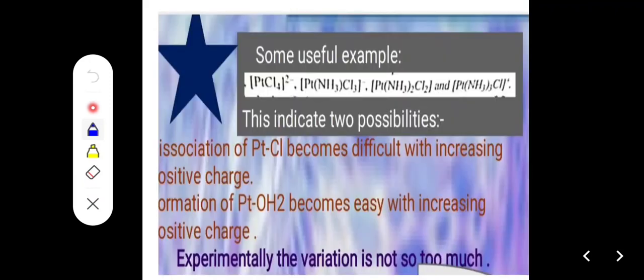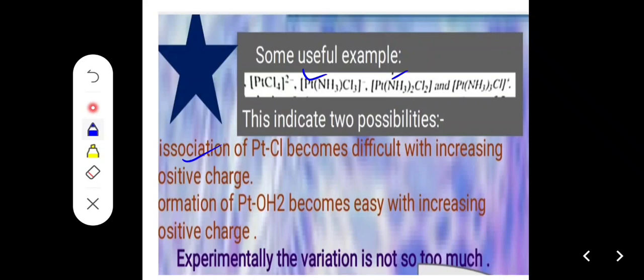Now some useful examples. We can say [PtCl4]2-. If one NH3 replaces one Cl, we get [Pt(NH3)Cl3]-. If two NH3 replace, we get [Pt(NH3)2Cl2]. Then [Pt(NH3)3Cl]+. So these indicate two possibilities. First, dissociation of the Pt-Cl bond becomes difficult with increasing positive charge.